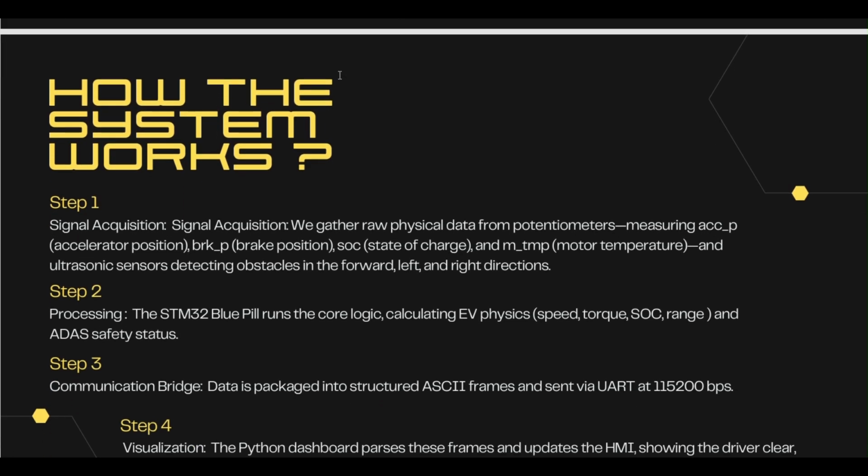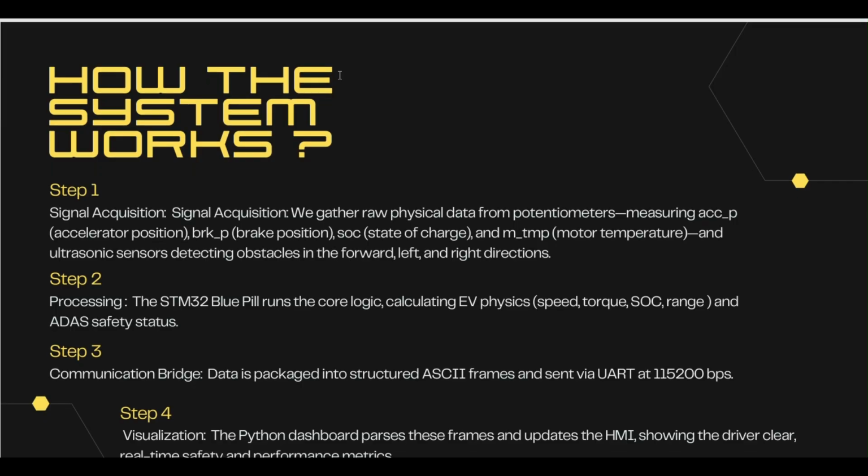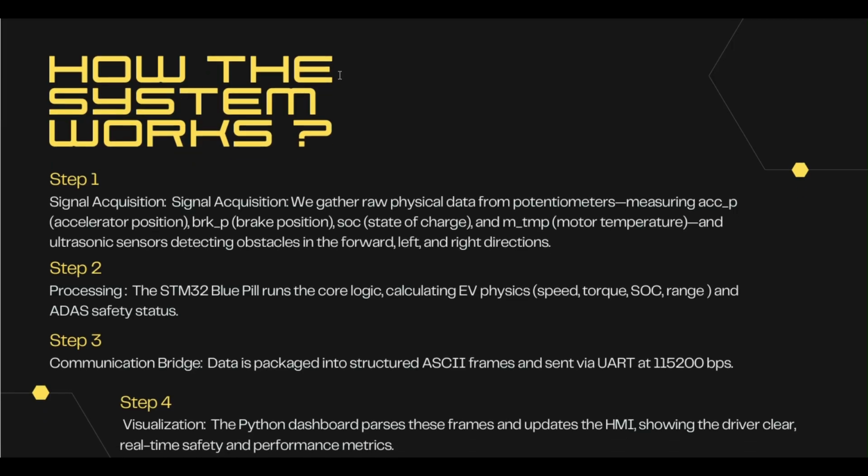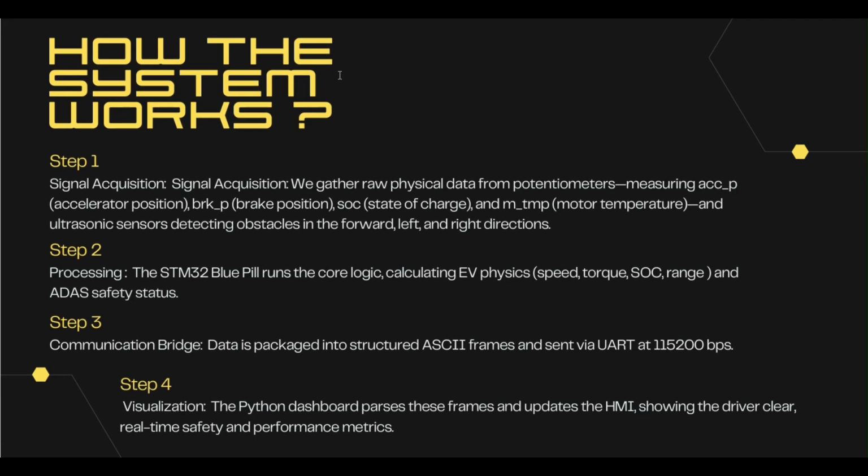To understand how the system runs continuously, we can break it down into four simple steps. Step 1, signal acquisition. The microcontroller constantly checks its input pins. It reads values for the accelerator pedal position, the brake pedal position, the battery's state of charge, and the motor temperature.